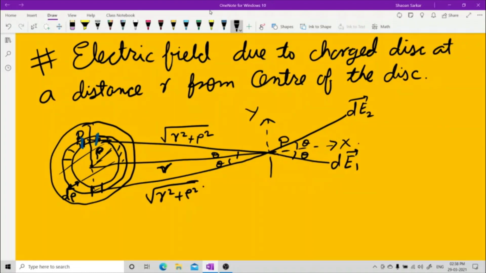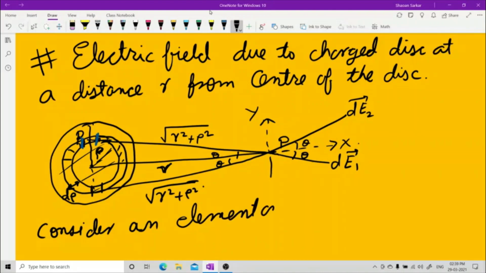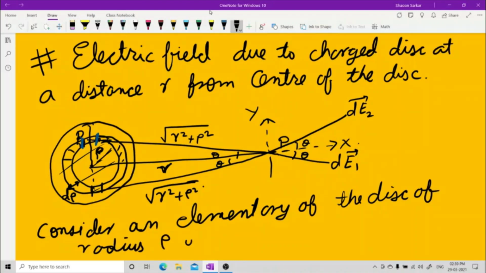Now let us write the whole thing. Consider an elementary portion of the disk of radius rho and thickness d rho.